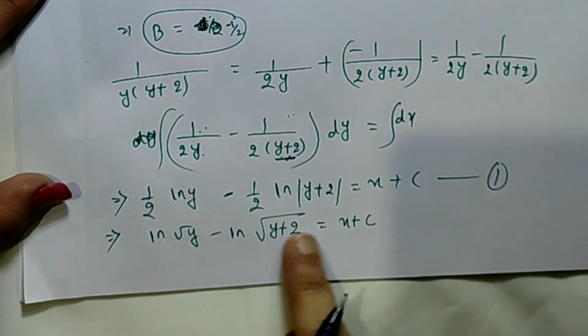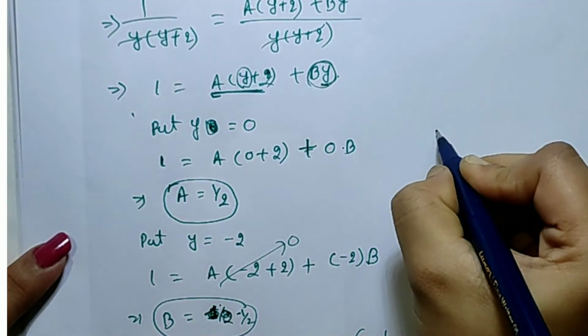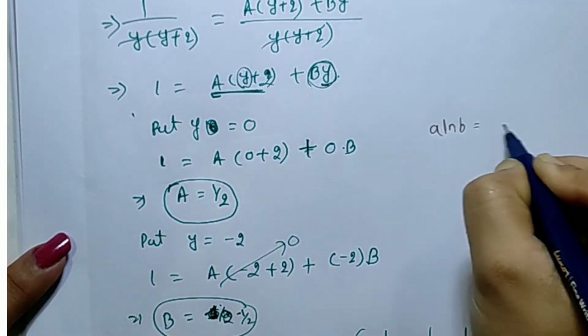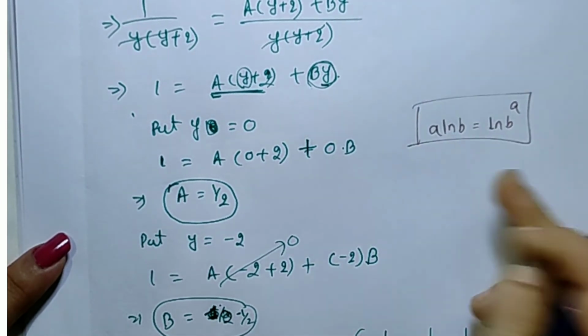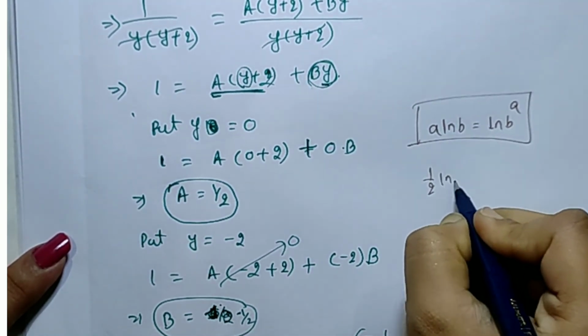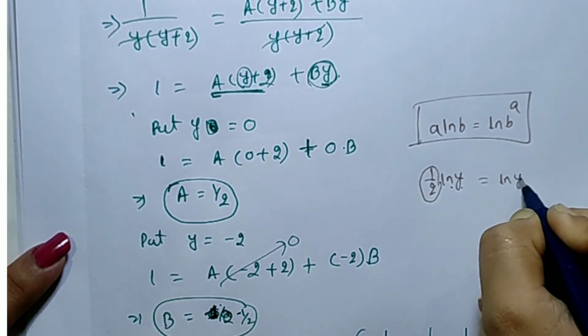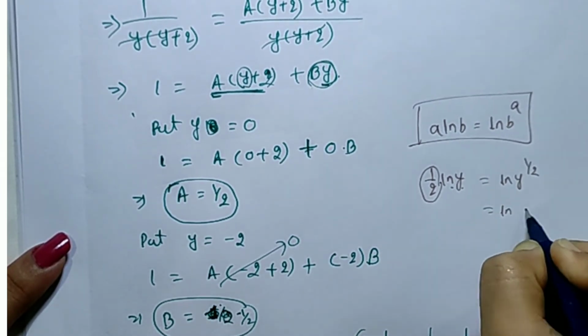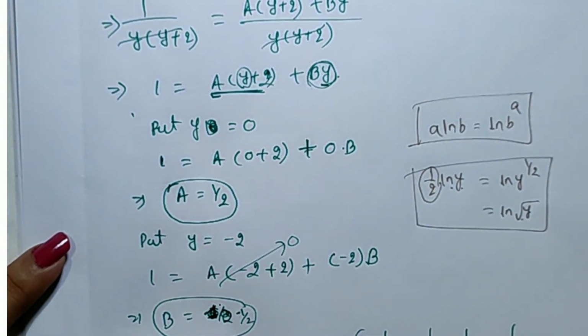How can we write this? See, a ln b is equal to ln b power a. We know this form. So this is 1 by 2 ln y, means a ln b is equal to ln y power 1 by 2, and ln y power 1 by 2 is what? Ln root y. This is how I can do this.